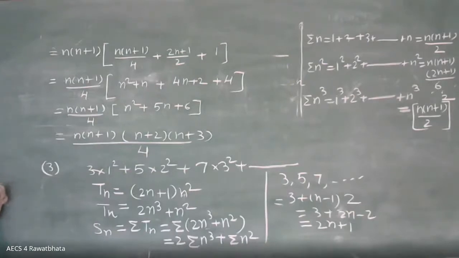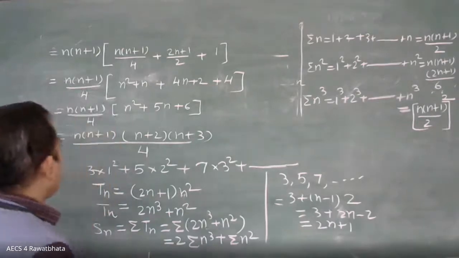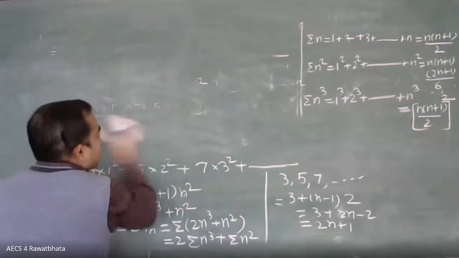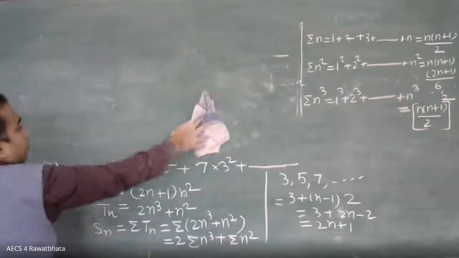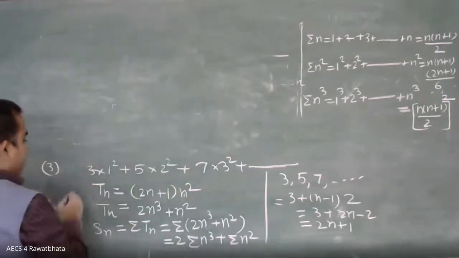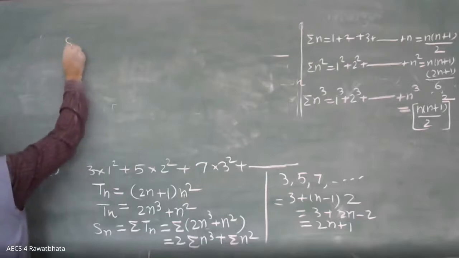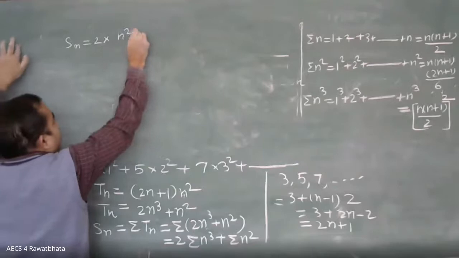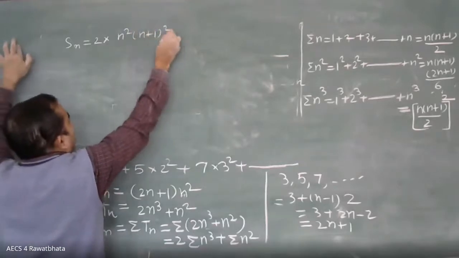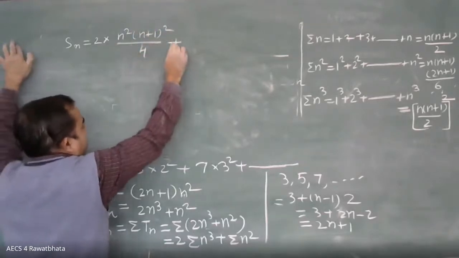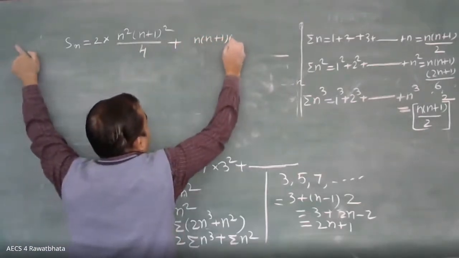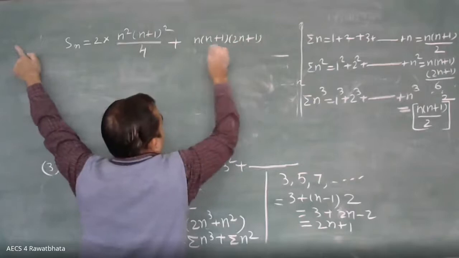Now let us put the value of sigma n cube and sigma n square. So this will become 2 into n square (n plus 1) whole square upon 4, plus n (n plus 1)(2n plus 1) upon 6.